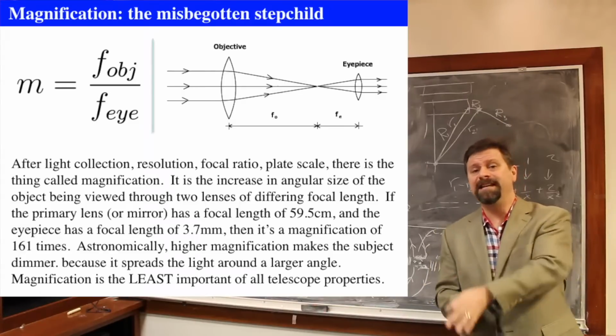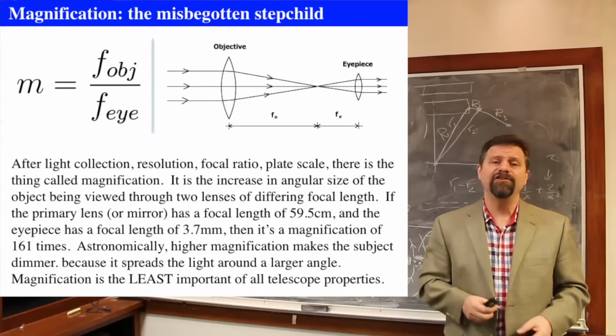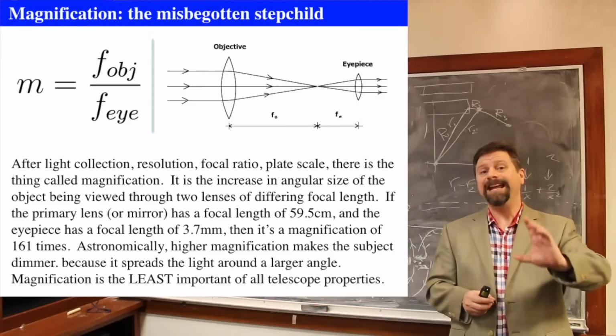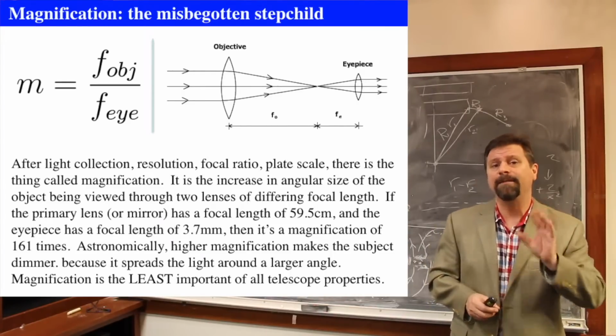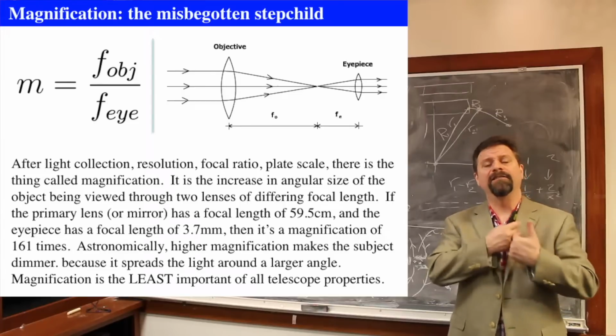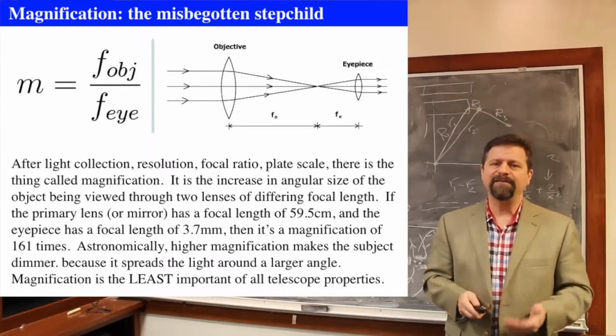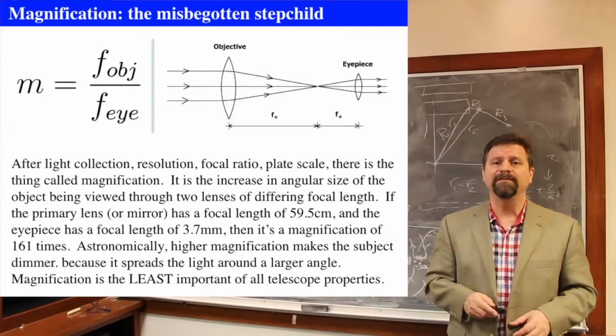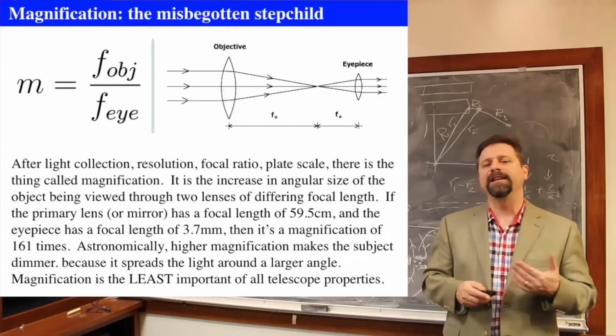But what actually is magnification? Magnification is the apparent change in angular size that you see an object to have because of the effect of the eyepiece. So the magnification is the focal length of the objective divided by the focal length of the eyepiece.